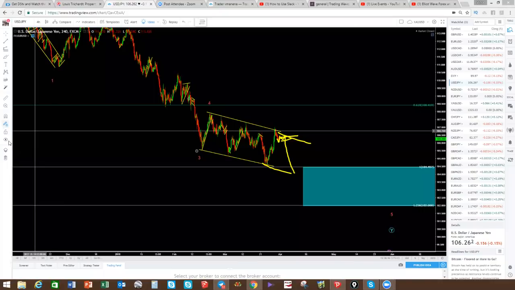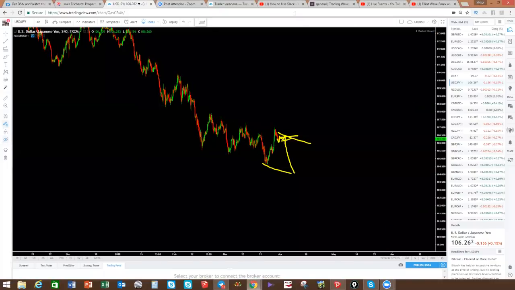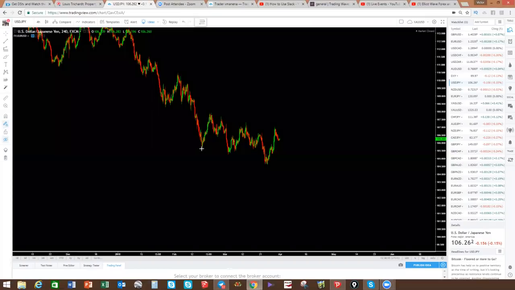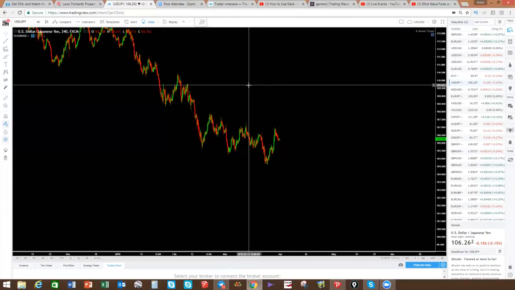Okay, let's switch this off. And we're going to be looking at this V pattern here. This V pattern. And I'm sure if we look now on the indicators, you're going to find strong divergence here.